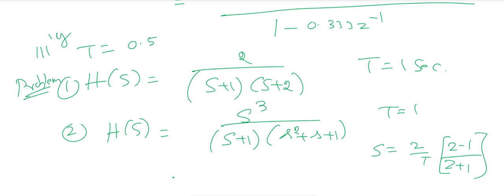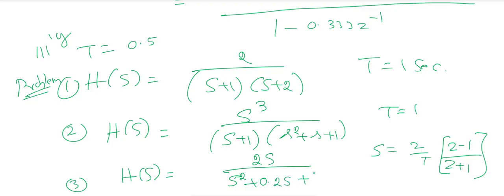The next problem, H of S is equal to 2S divided by S square plus 0.2S plus 1, and you take t equal to 1. Okay, so these problems you can practice, and some more problems you can take from the book exercises and practice.